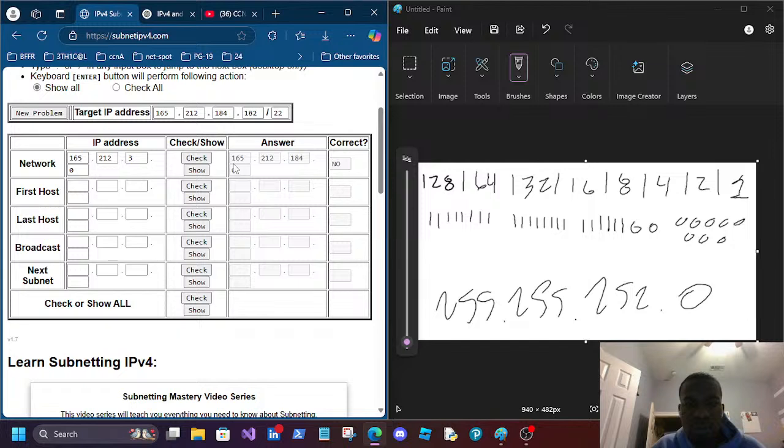But I'm thinking, if we've got zeros still, why are we keeping the third octet? Because it's 8, 16, it's slash 22. It's not filling up the whole octet.